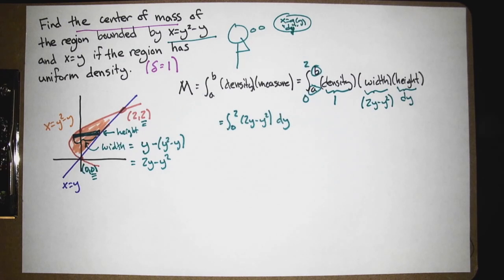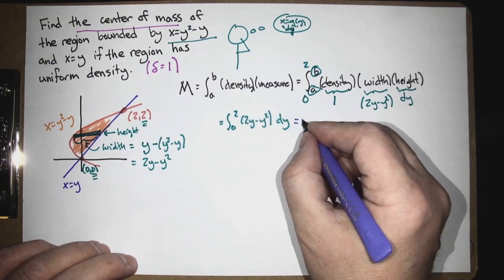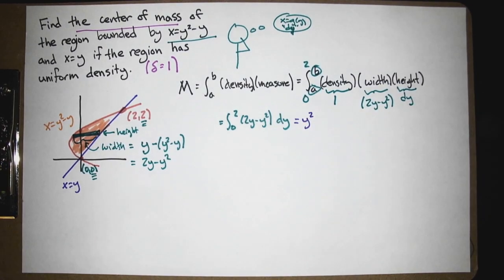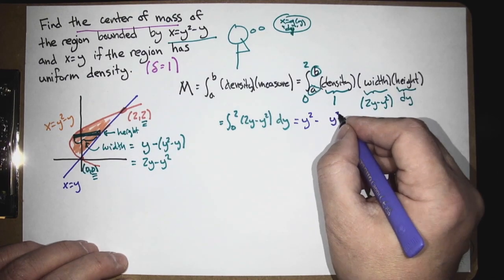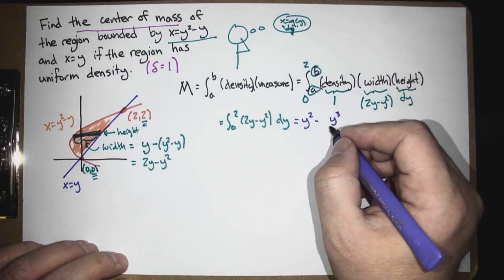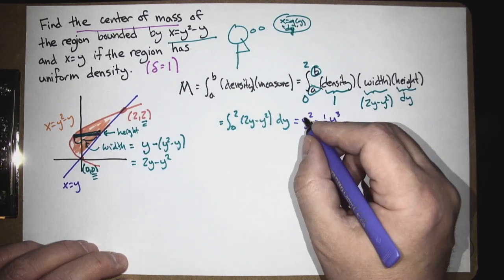All right, so we started with our basic formula. We applied it here. And now our integral is set up. We're ready to do the computation. What's the integral of 2y with respect to y? y squared. Integral of y squared with respect to y? There's a y cubed involved, that's for sure, but there's also a mysterious gap. 1/3, very good, thank you.